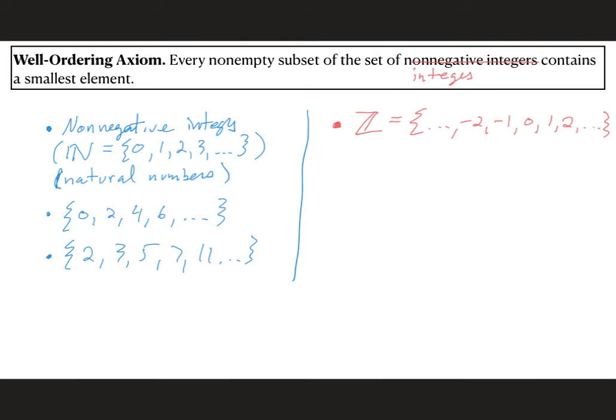If you give me, say, -10, I can say -11. If you say -1,000,000, I'll say -1,000,001, right? There's always an integer smaller than whatever integer you give me. Looks like I misspelled integers here. Anyway, the point is it fails for the integers.